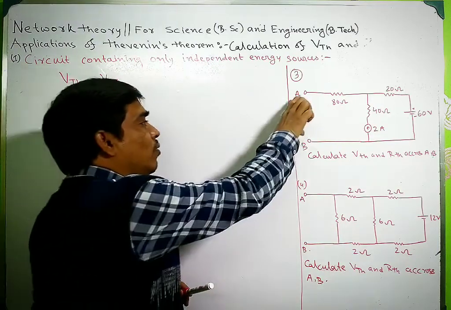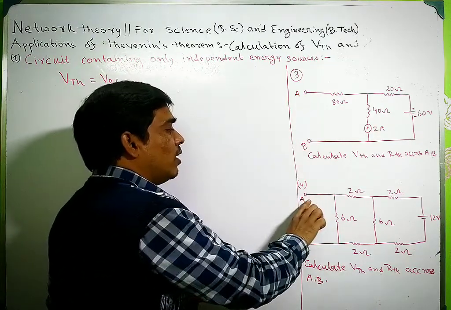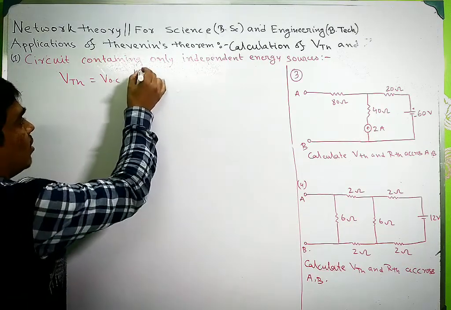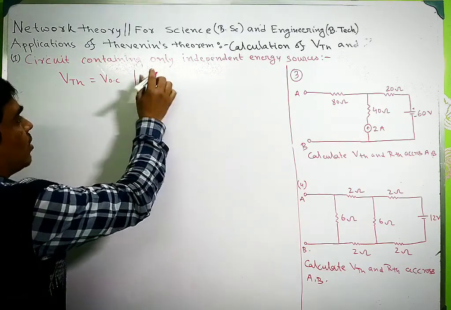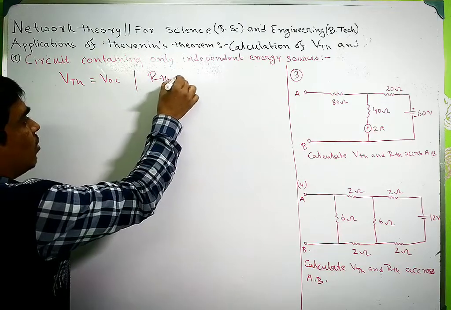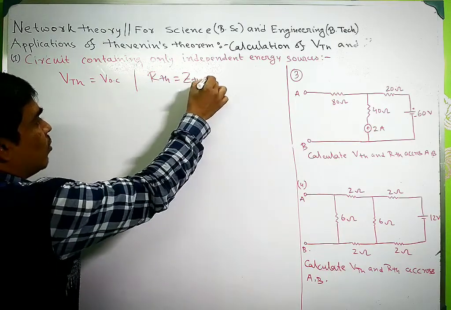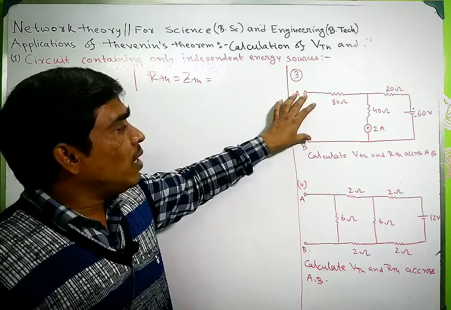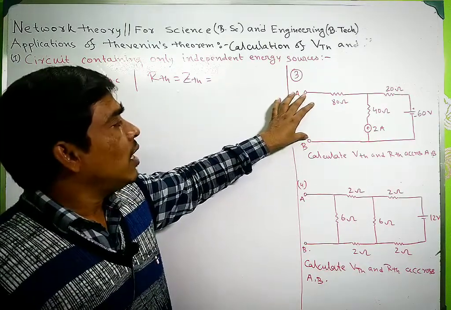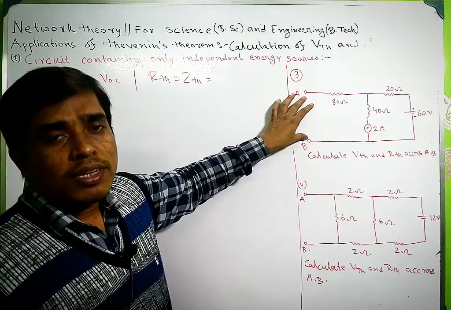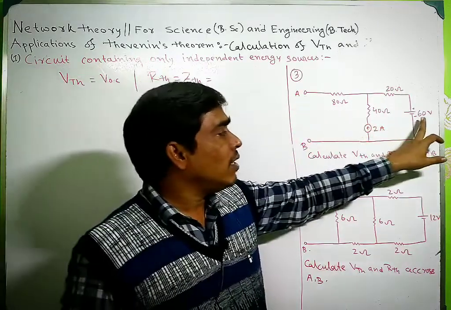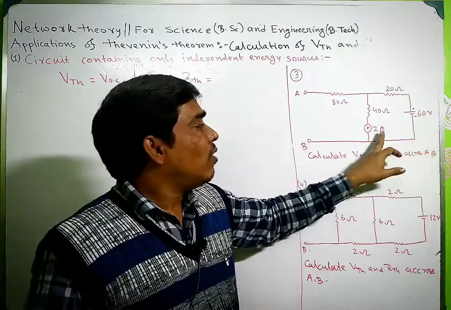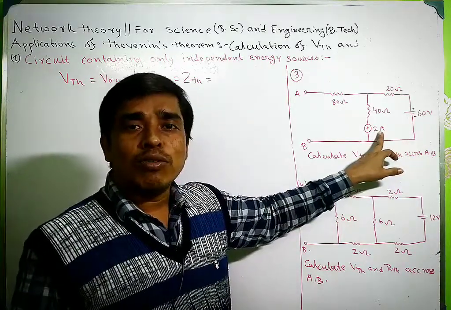VTH will be the open circuit voltage across the open circuited terminal, and RTH or ZTH will be the equivalent resistance seen across the open circuited terminal by replacing all the voltage sources with their internal impedance, and all the current sources are kept open.